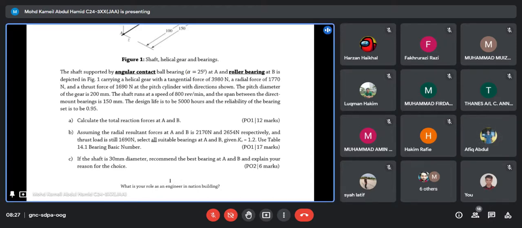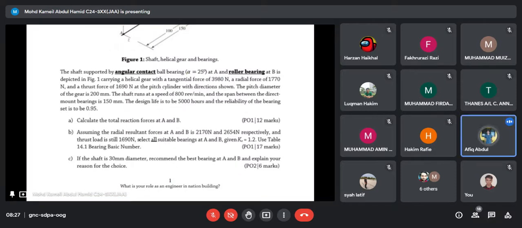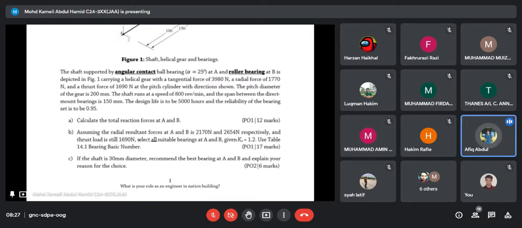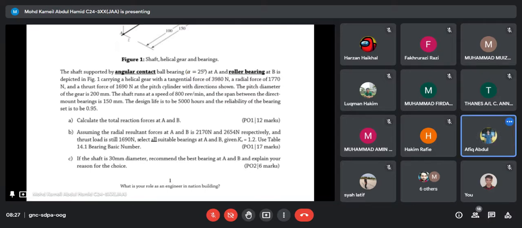Itu untuk roller ke untuk angular bearing? Sorry, itu untuk ball bearing tu. Ball bearing. Okay. So for angular bearing berapa? For angular pula. For roller, 0.